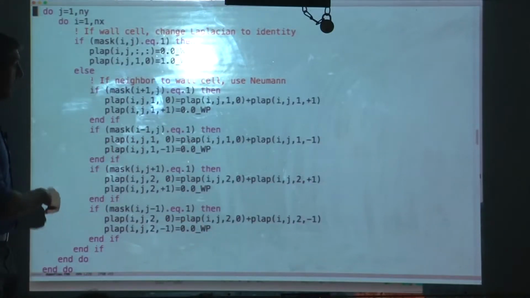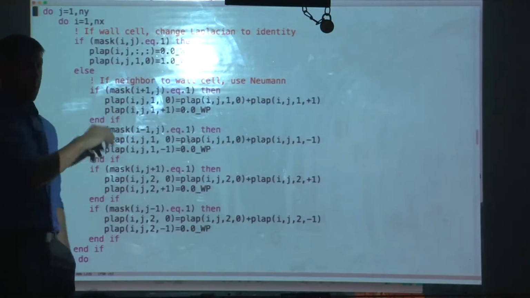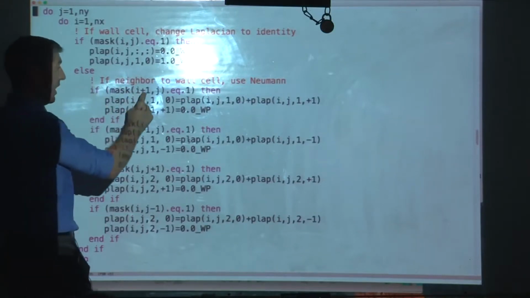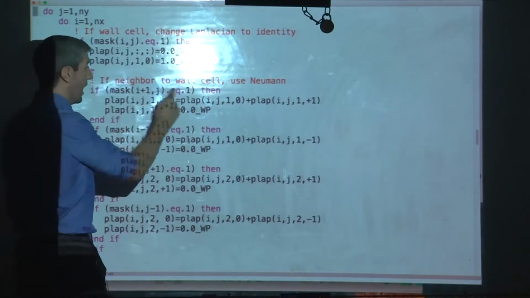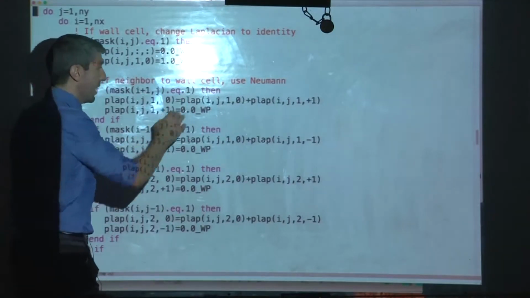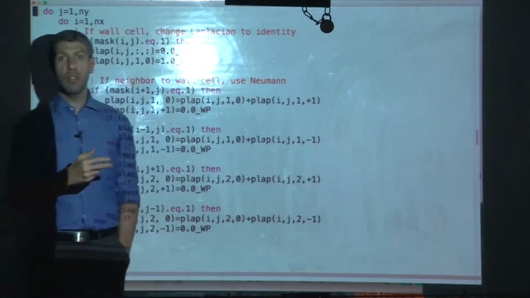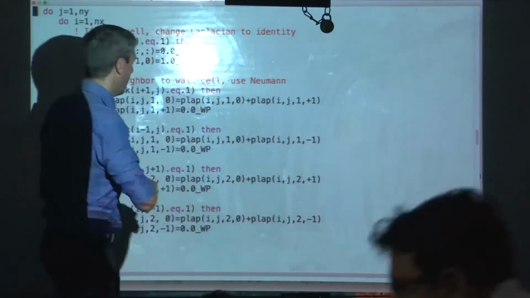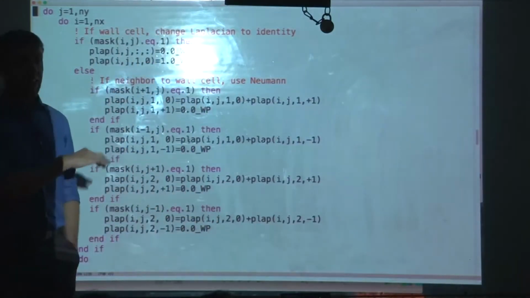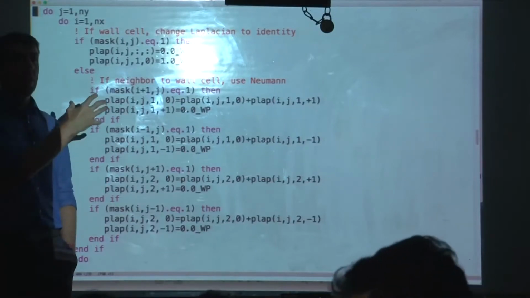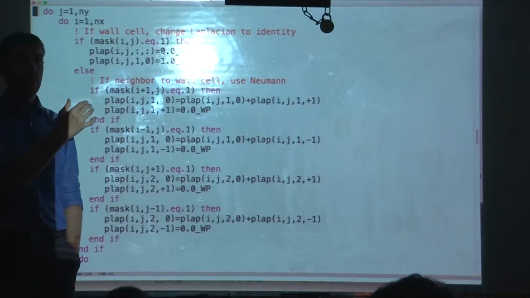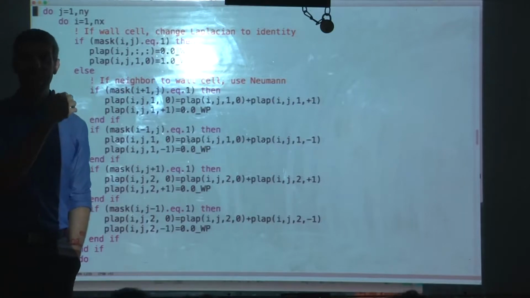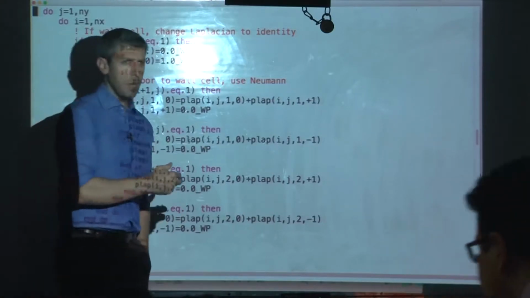What I'm doing is every time I find a wall on my cell to the right, so if at I+1 I have a wall, then I need to modify my pressure Laplacian to account for the fact that dpdn is really equal to 0. So this is what this does. It is basically handling a priori all the ugliness of boundary conditions.